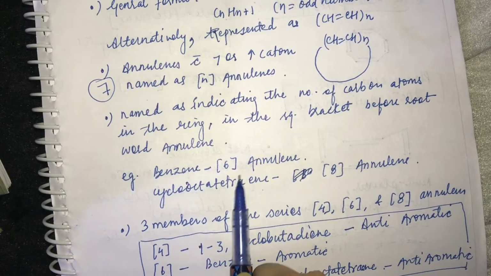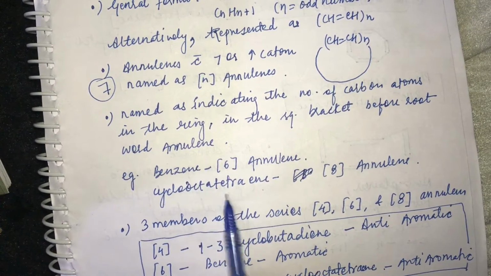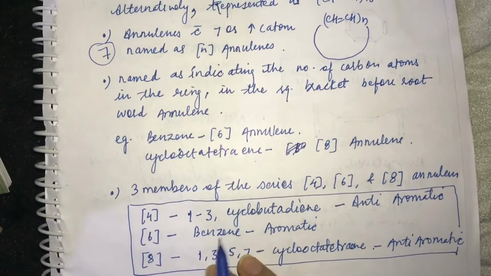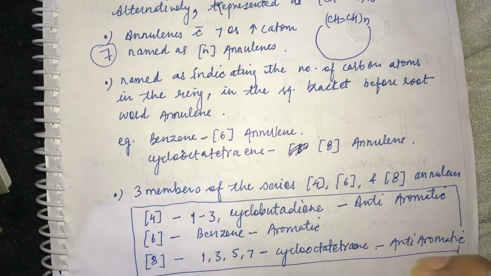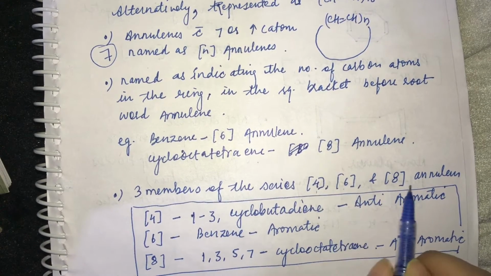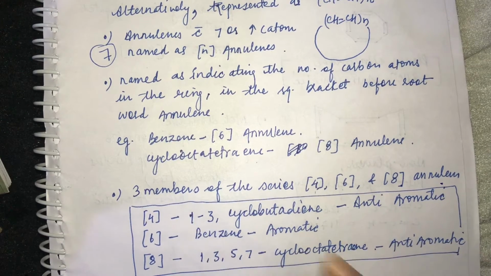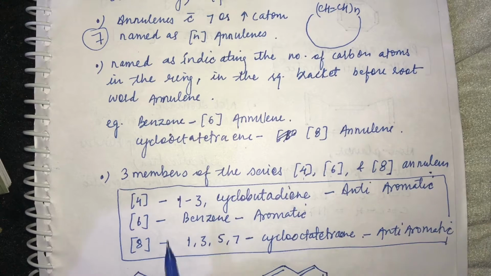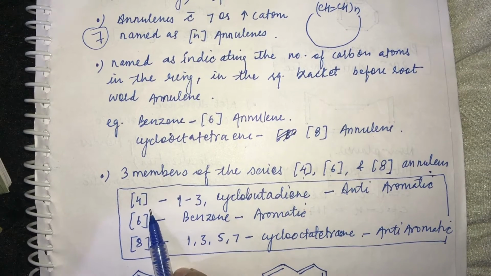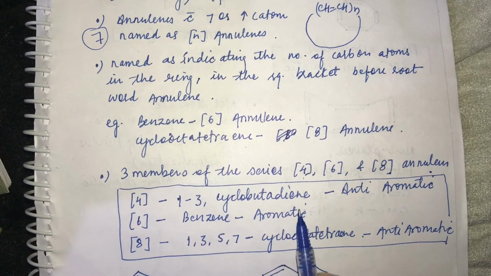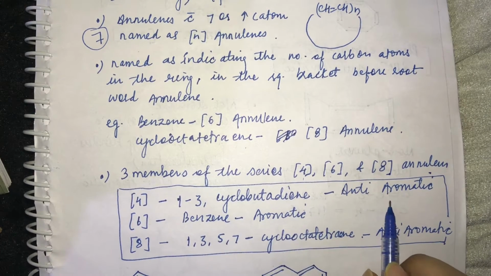So we have examples: benzene and cyclooctatetraene, that is 8-annulene. You are already familiar with three members of the series, that is 4, 6, and 8 annulenes. At 4 we have 1,3-cyclobutadiene, which is anti-aromatic.